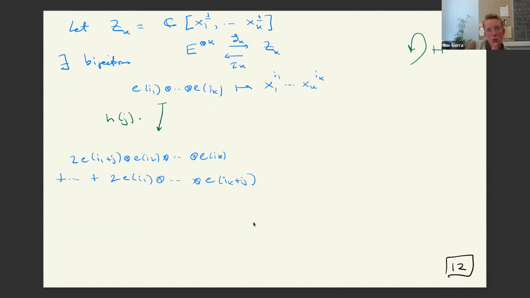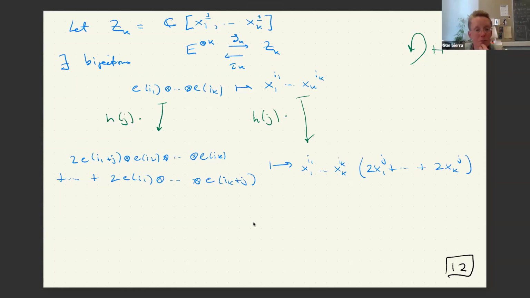So I'm going to use these maps, zeta and tau, to just move that over to the right-hand side and write down the corresponding action of H on my polynomial ring Z_k. To figure that out, I just need to say, where does zeta send this sum of k terms, which was H_j times my elementary tensor?